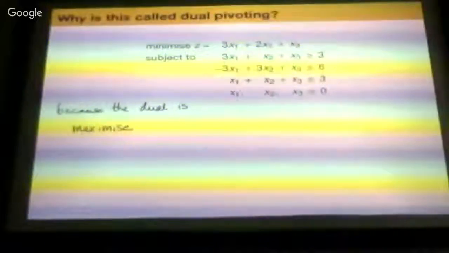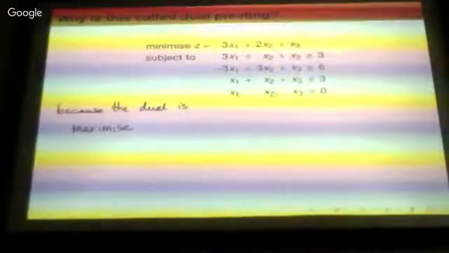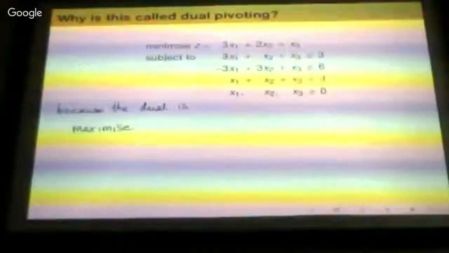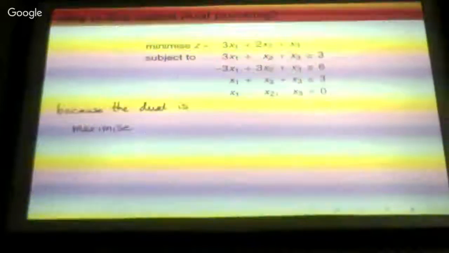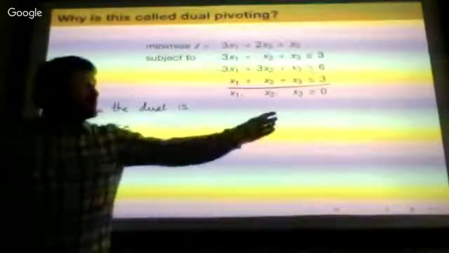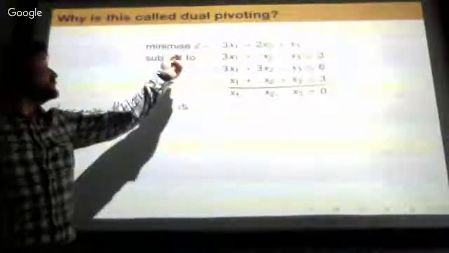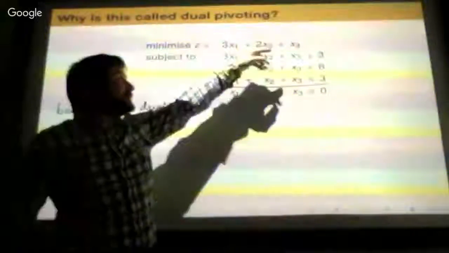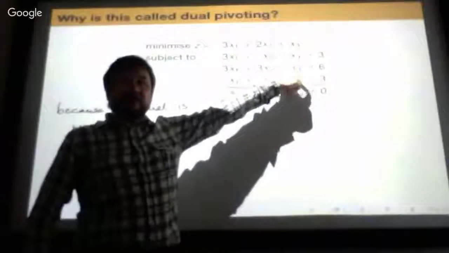Right, so before I do the dual, in fact, I want to make my life easy. This third constraint is kind of nasty because it has less than or equal to, and when we're doing dualization for the minimization problems, we prefer greater than or equal to.